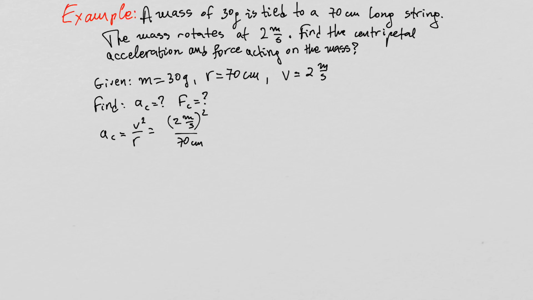Notice that the units for length here and here are not the same, which means that the radius must be converted to meters before the calculation. So that is (2 meters per second) squared divided by 0.7 meters. That's going to give me 4 meters squared per second squared, divided by 0.7 meters.